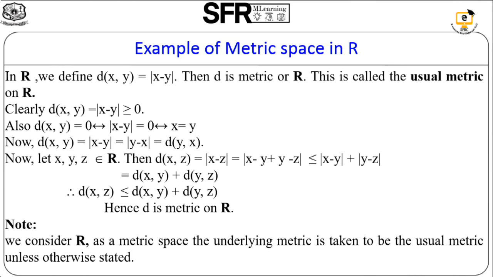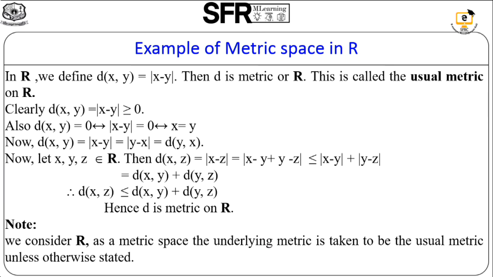Examples of metric spaces in R. In R, we are going to prove that d is a metric on R. This is called the usual metric on R. If it satisfies the four properties of a metric space, we need to prove that first one is non-negative, the second one is all the elements are unique, the third one is symmetric, and the fourth one is it holds the triangle inequality.